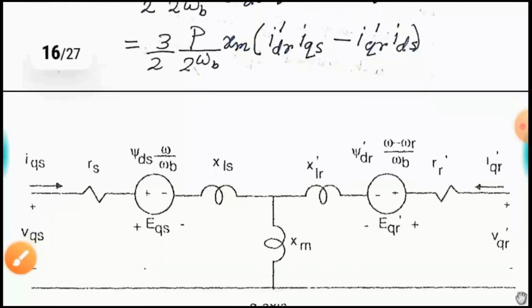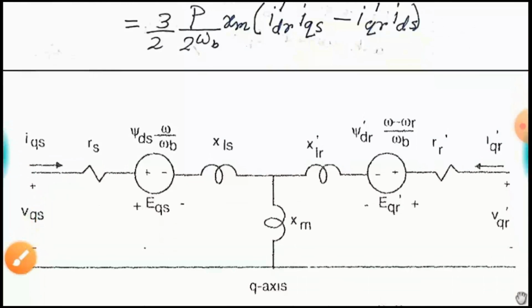Now this is the equivalent model. If you can trace the previous equation, what you will observe is that this V_QS can be written as, from the very beginning we can trace this equation.